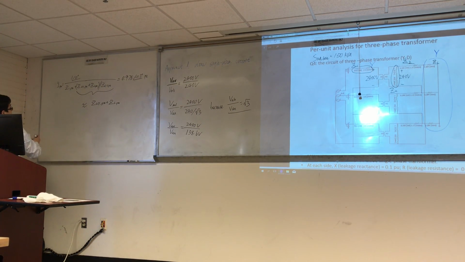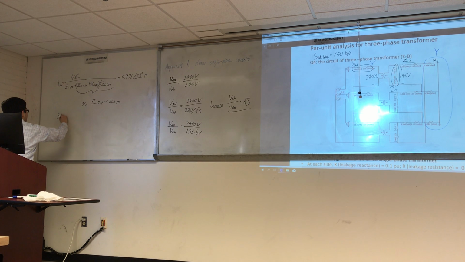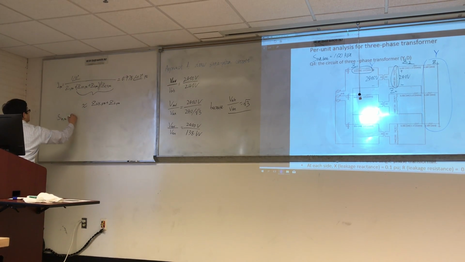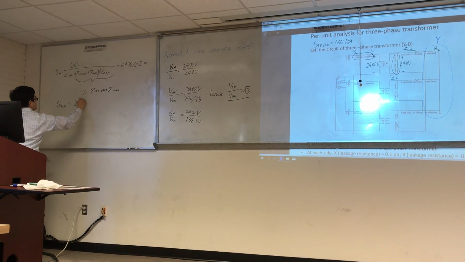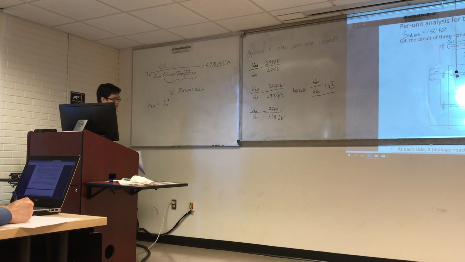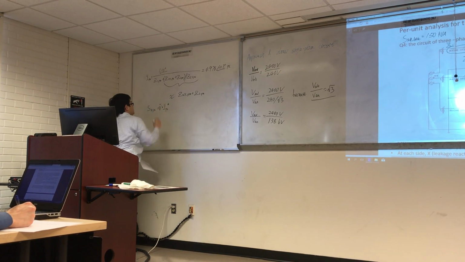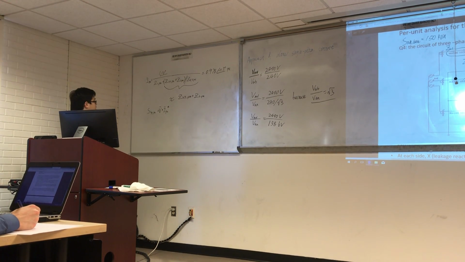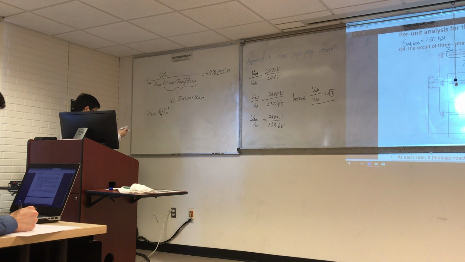Then it's easy to find the input power. Your input complex power S is V per unit times I per unit conjugate.